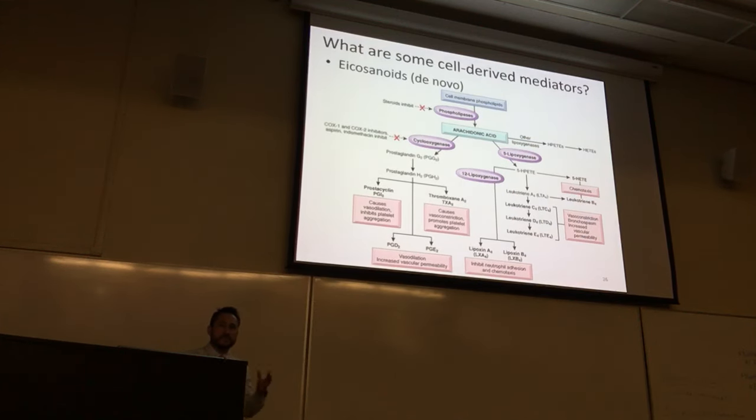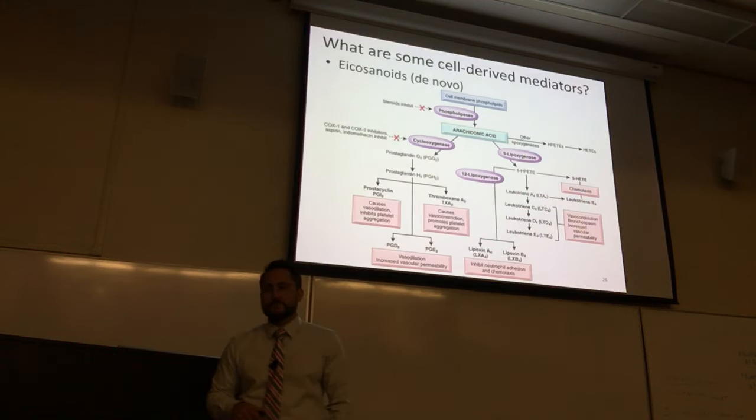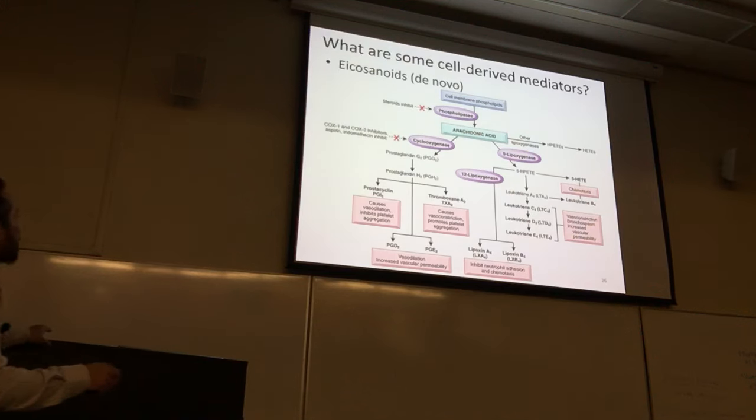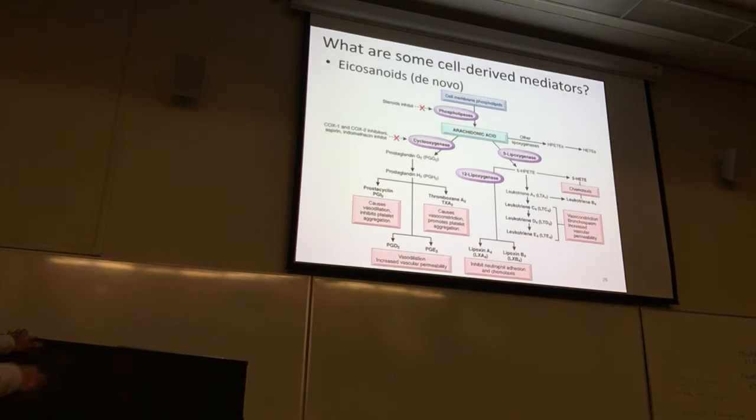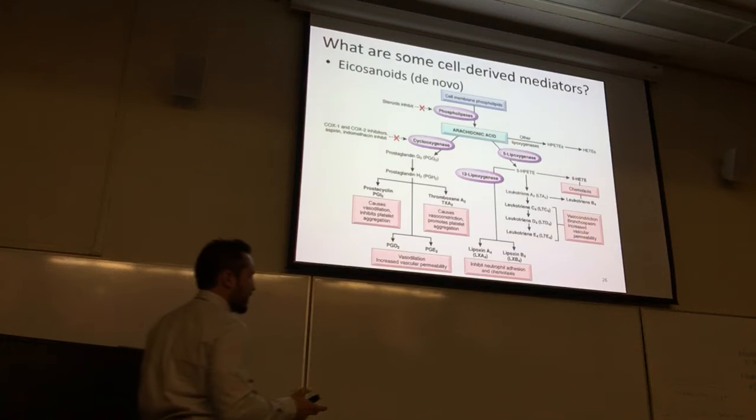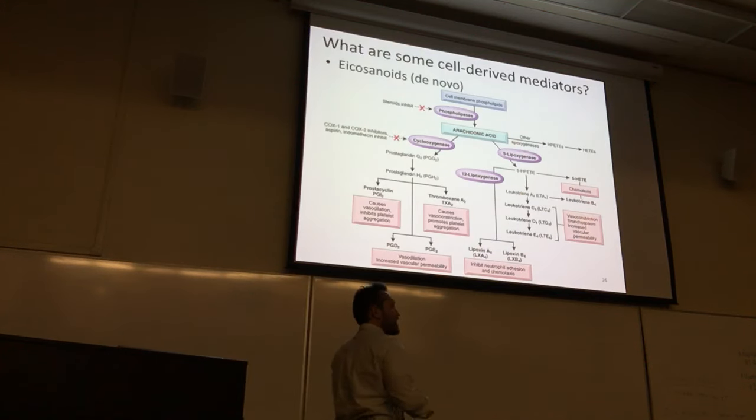Again, this looks like a super busy slide, kind of like the last one, but we're going to dissect it down very systematically. So, eicosanoids. Eicosanoids are a family of manufactured carbon compounds. So they're 20 carbon compounds.